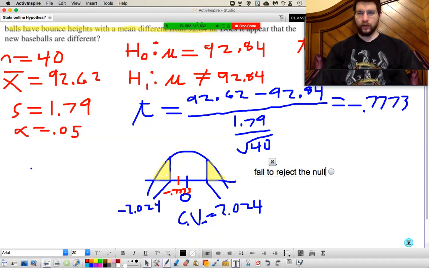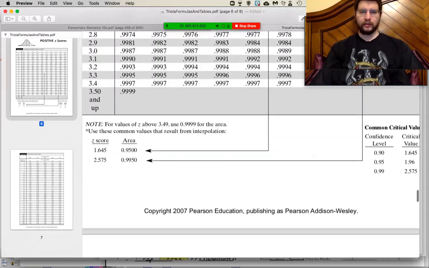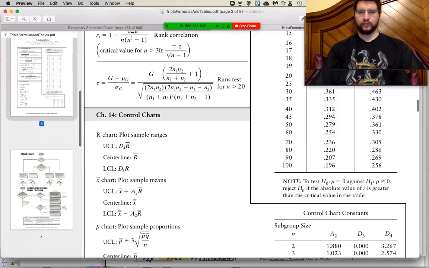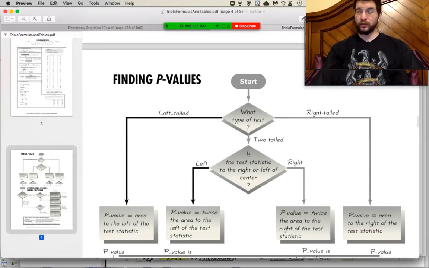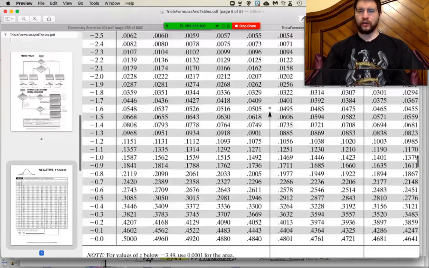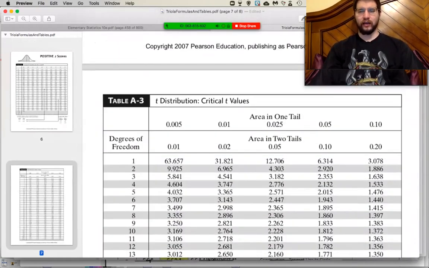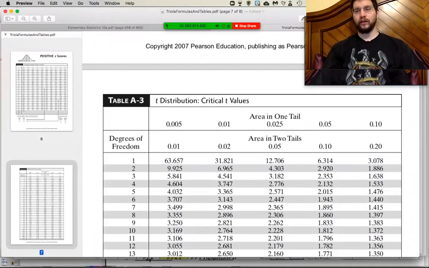To calculate the p-value, we've got this flow chart over here, but it's a little tricky to use with the t-distribution. Since the t-distribution already has our area split up for us, that's just what we're going to use. If we had a left tail, we just use the positives.